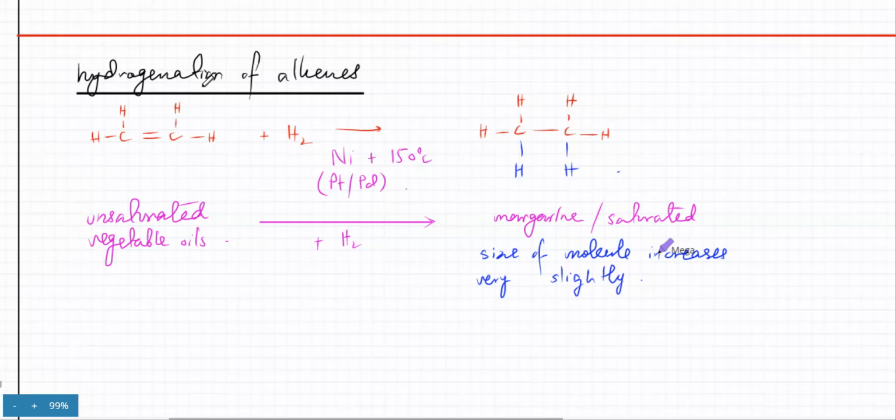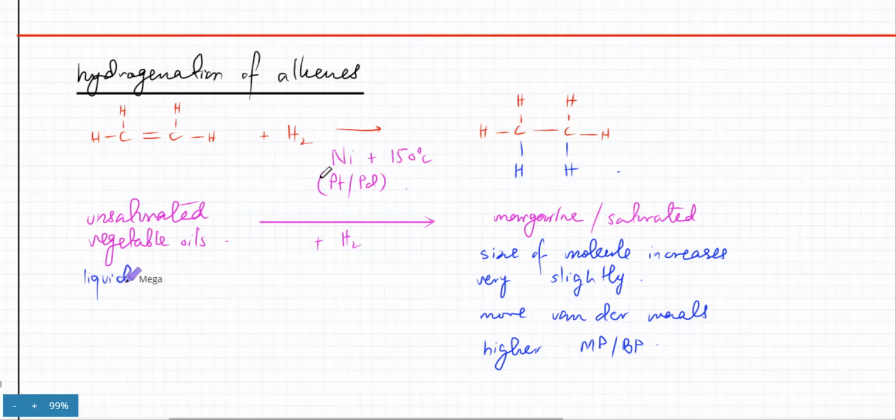So when that happens, you have more van der Waals forces, and when you have more van der Waals forces, you have higher melting and boiling points. So that was a cheap way of making margarine. Margarine is solid and vegetable oils are liquids. They have relatively lower melting and boiling points. They're smaller in size, which means that they have less van der Waals forces.